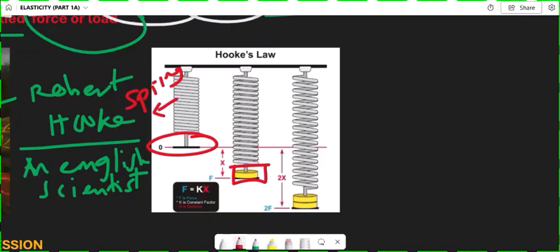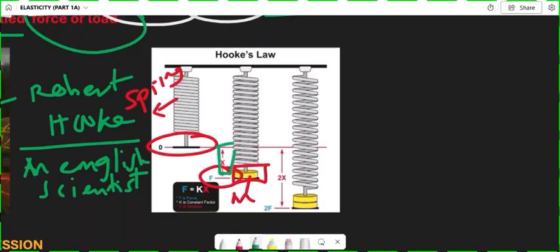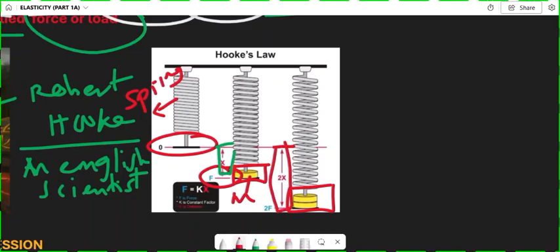Now, considering this is our load, which is called the mass, and the mass is being pulled down by force. You can see that as it's pulling down, there is a change in what we call extension, which is your x. Another example here: when I increase the mass, we find there's a bigger change in the extension.